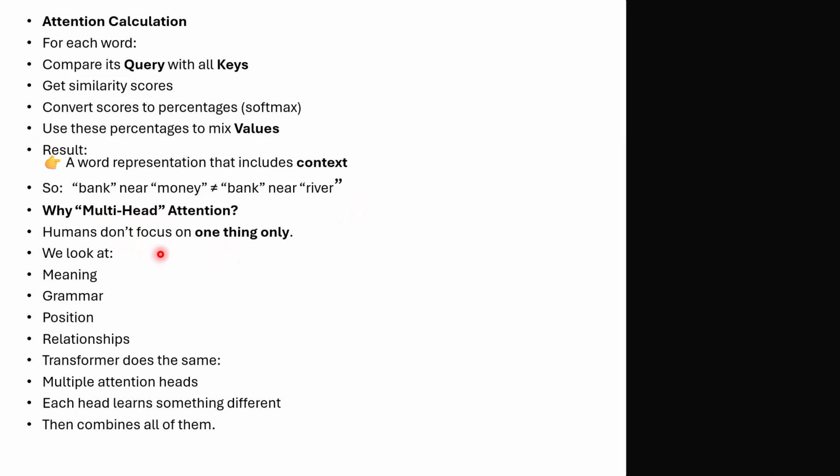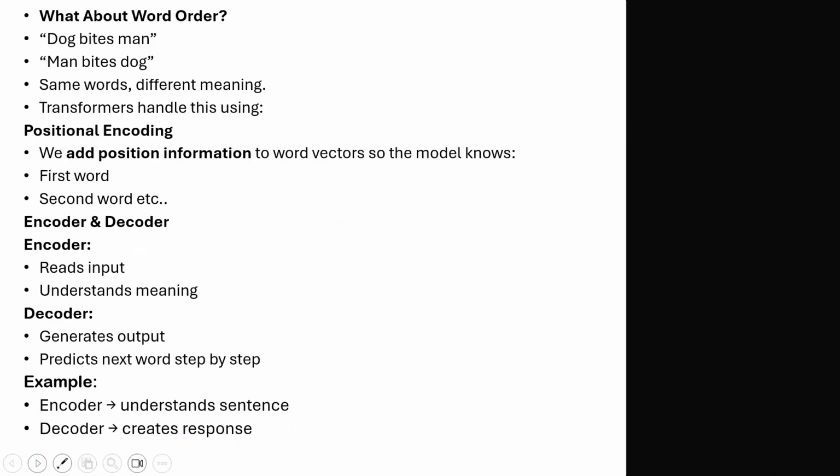We look at the meaning of a sentence, grammar of the sentence, position, relationships. The transformer does the same using multi-head attention. Multiple attention heads, each head learns something different, then combines all of them. So next, moving to the next slide.